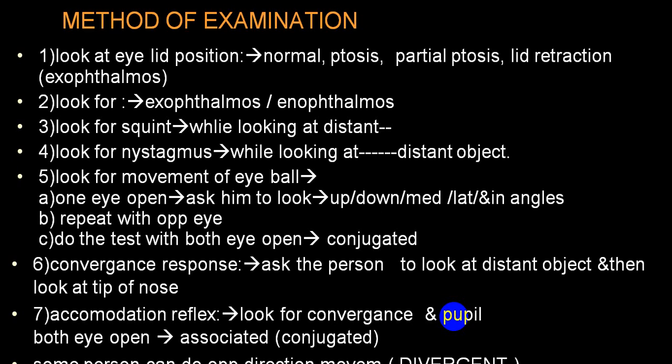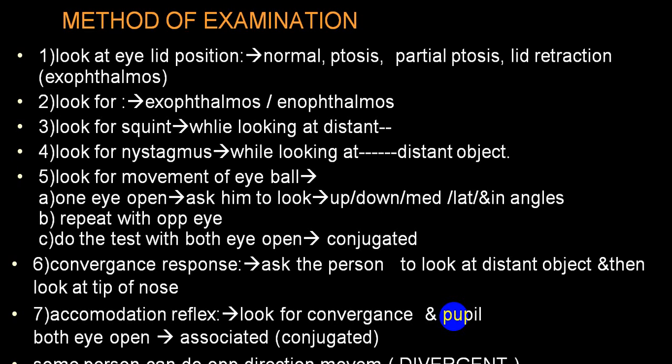Then if the person has nystagmus, you try to look for the fast component and the slow component. And when you ask the person to move the eyeball, you look at the movement of the eyeball.